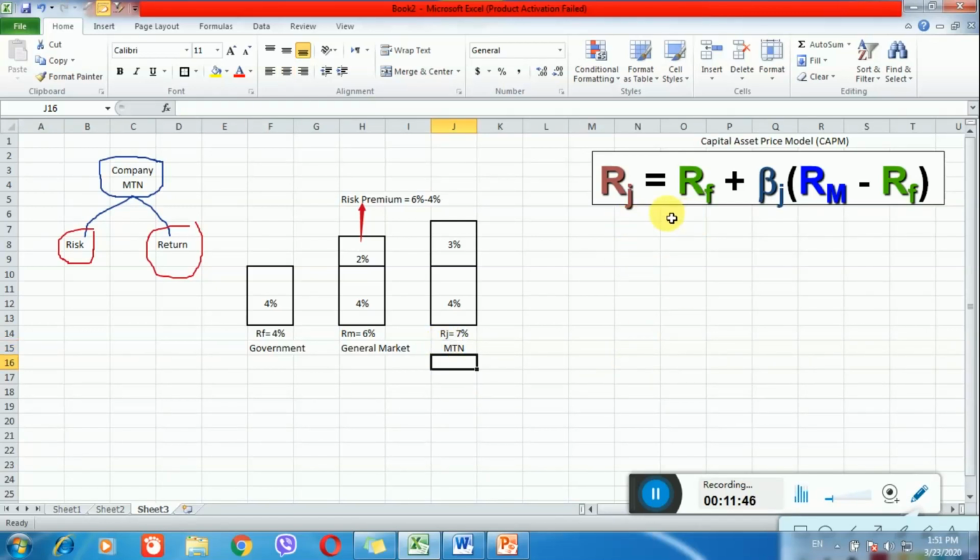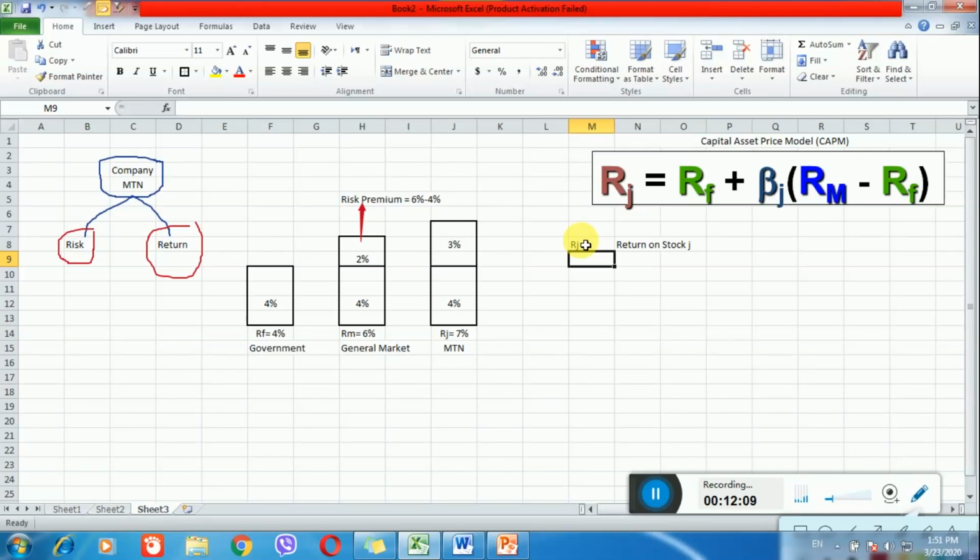So this function or formula is exactly computing this 7%, right? It is not magic. I'm just making it simple for you here. Look at how it works. RJ is the return on stock J, which is MTN in our example.